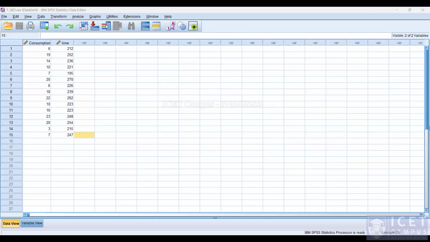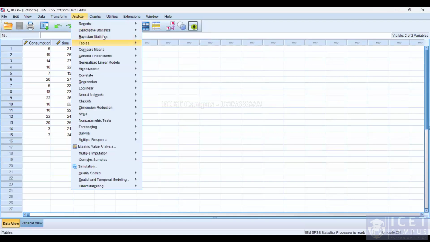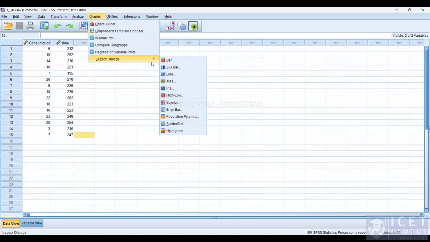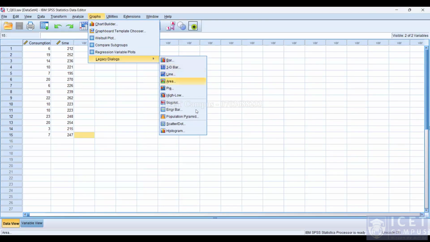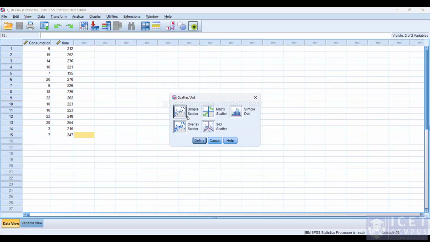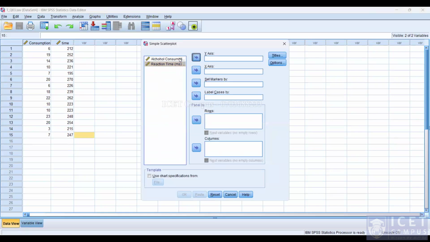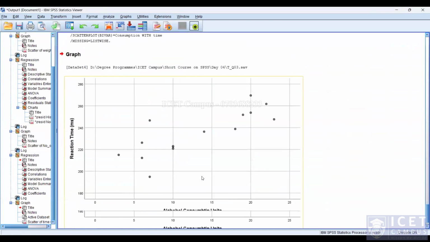We can go analyze, sorry, graphs, legacy dialog, scatter. Yes, again we can see there is a positive relationship. By looking at the shape we can say this.